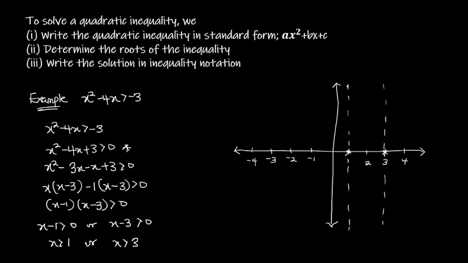Now, are we looking for a solution that lies outside, let's say from 1 towards the negative, and then from 3 towards the positive, or is the answer between 1 and 3? Let's look at that. Because y from this side is positive, or this is greater than 0, it means that our solution should lie outside the lines over here. I take that again.